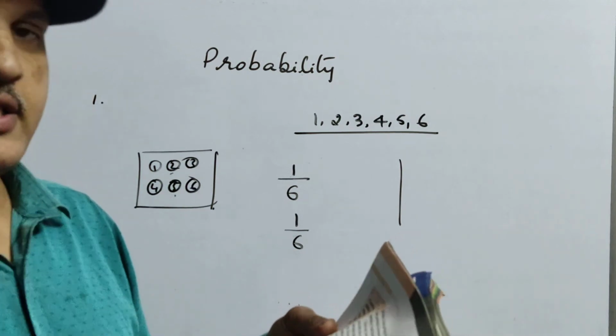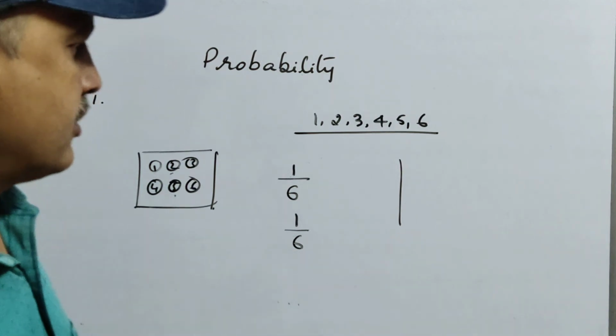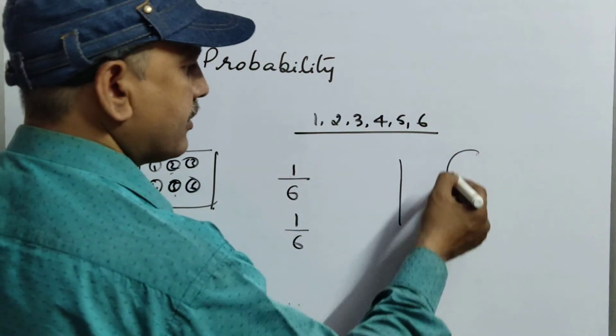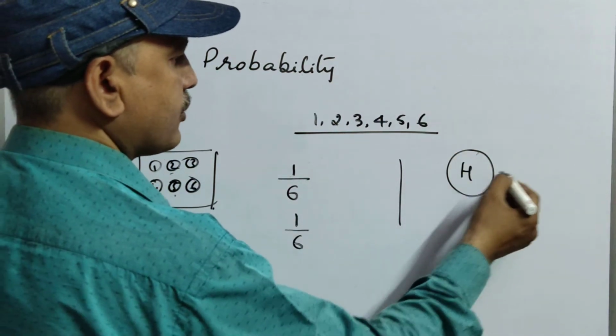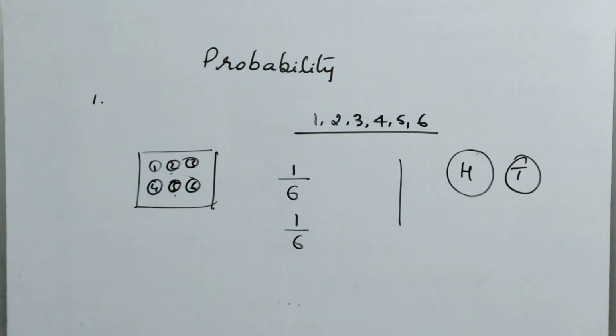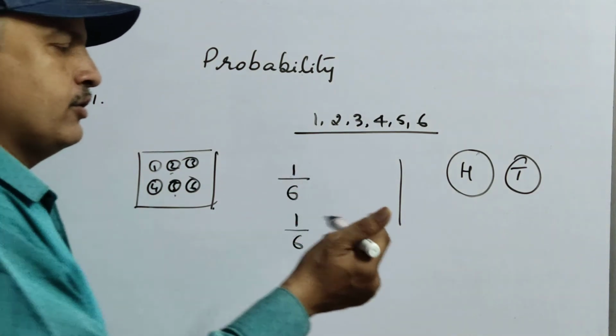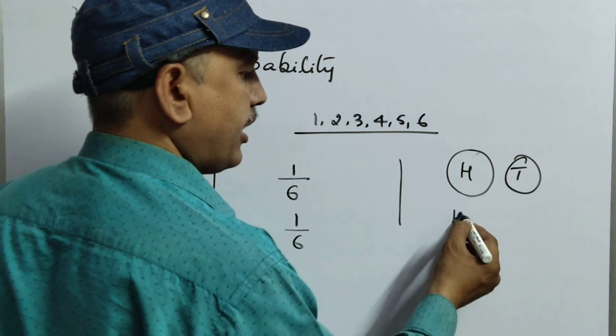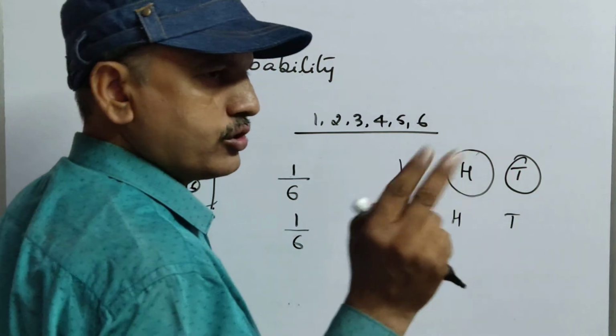Here he mentioned a coin, because a coin has chances of head and tail. That means when you toss a coin, you have a chance of getting either head or tail. Only 2 chances.